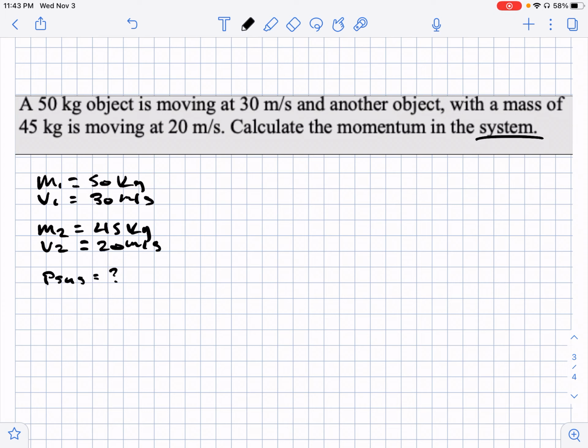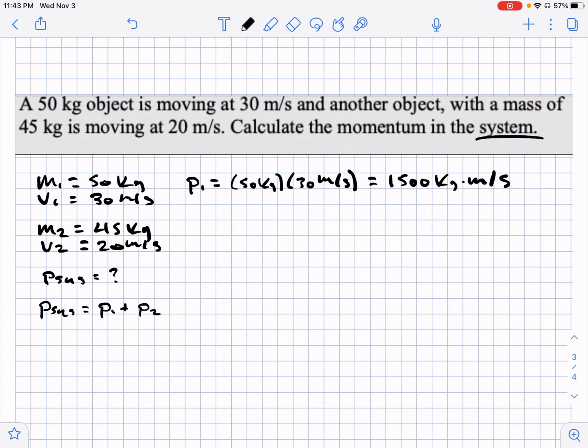And we want to find the momentum of my system. So to do that, all we're going to do is take the momentum of object 1 and add it with the momentum of object 2. So the momentum of the system here will be the momentum of object 1 plus the momentum of object 2. So let's start with object 1. We had 50 kilograms times 30 meters per second, which gives us 1,500 kilograms times meters per second.